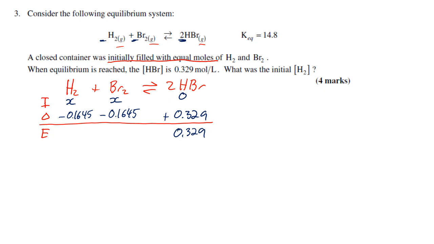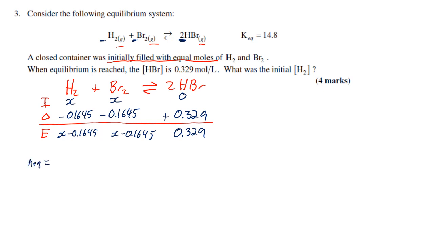What's X minus 0.1645? Well, that's just X minus 0.1645, X minus 0.1645. I'm going to throw that in a KEQ expression.